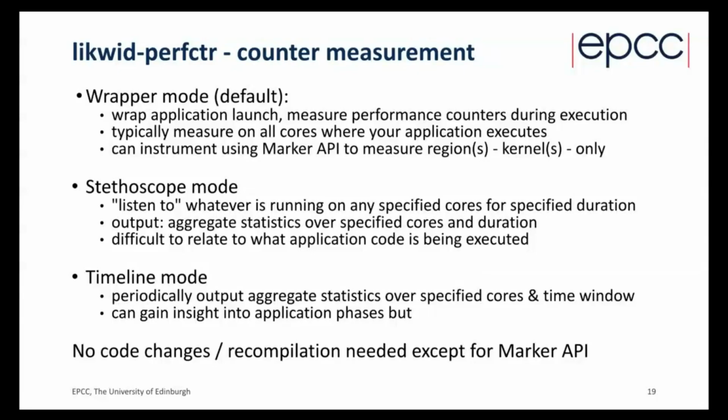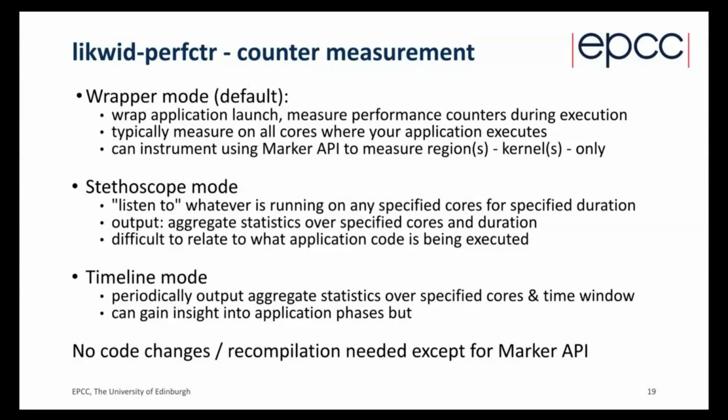So you're assured that you're only capturing your application, nothing else. You typically tell it to measure events and metrics for all those cores on which your application executes. So you're measuring your application everywhere it executes. That's typically the case.